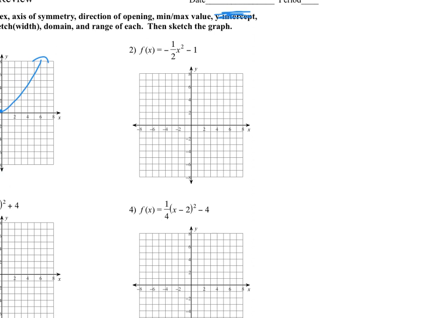So this one, our HK, a lot of students want to put -1 for the h. Remember, h is what's inside the parentheses. So our h on this one is actually 0. So our vertex is going to be 0, -1, which means our axis is x equals 0.